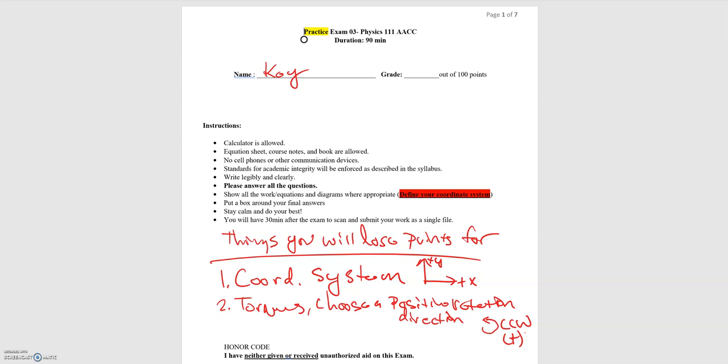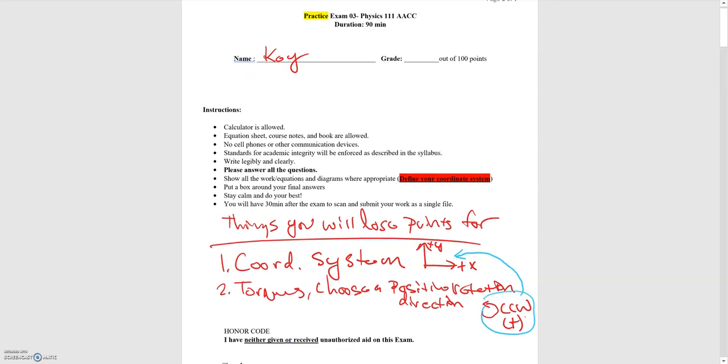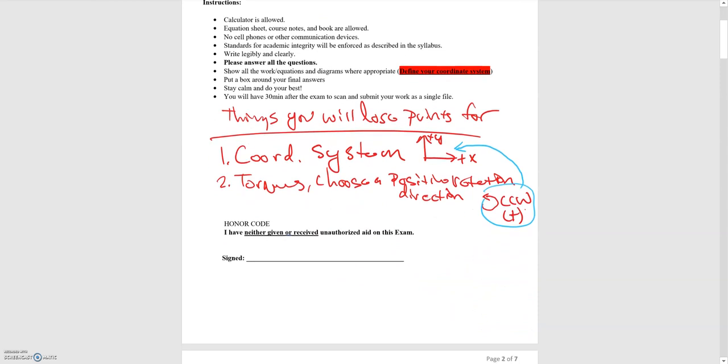There were some spots where it was missing, but it wasn't a frequent miss from people. So just include that when you draw your coordinate system. You can just stick this right in the middle up here, like the arrow I've just drawn, and that'll be fine. So don't forget that.